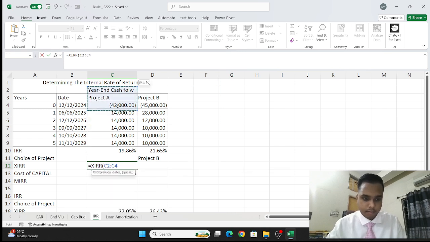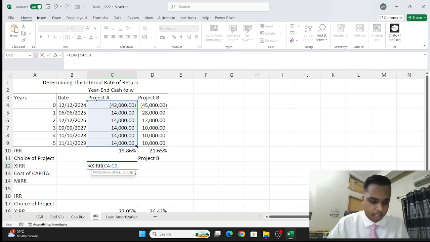When I clicked CTRL shift and down arrow, the IRR was also selected.